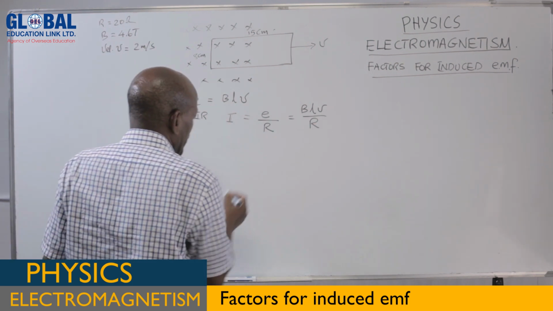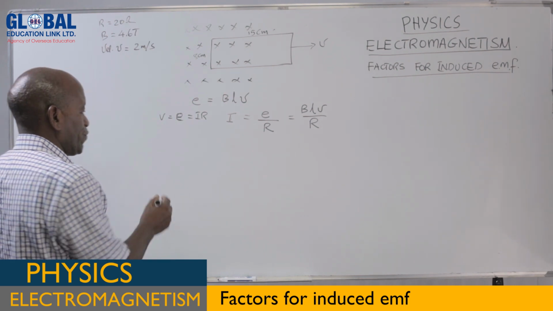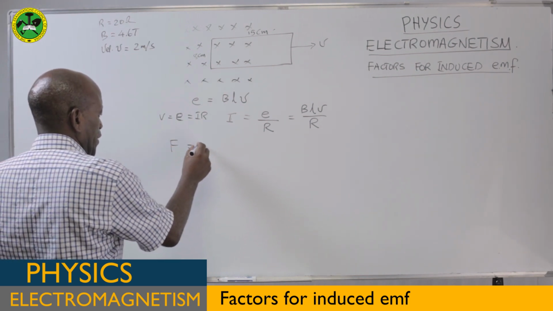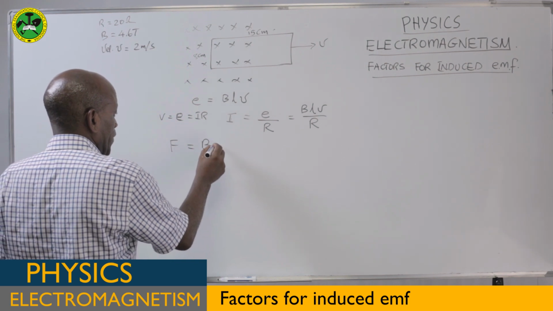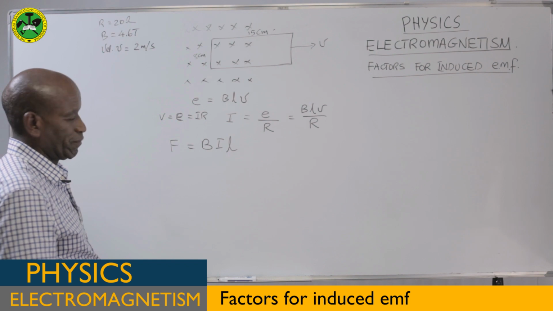Now, having obtained this, we know that the force in a magnetic field is just equal to the magnetic flux density times the current times the length of the conductor.